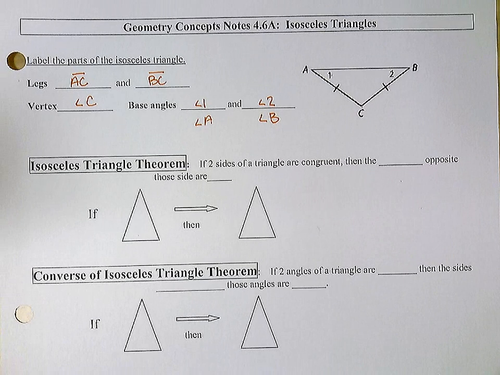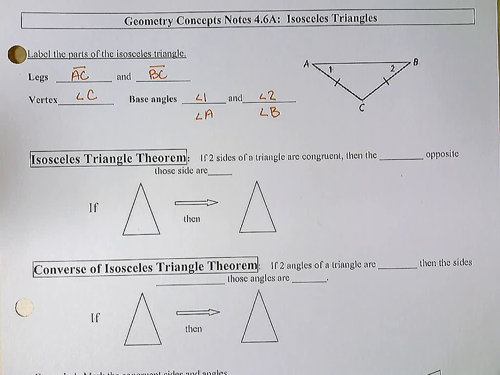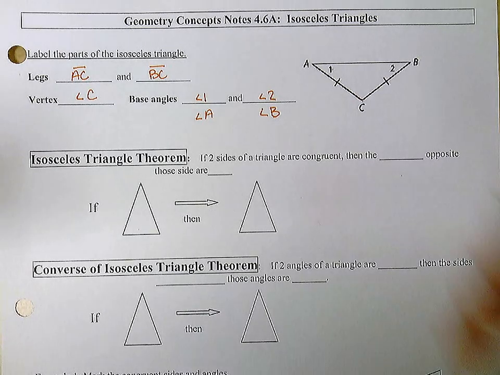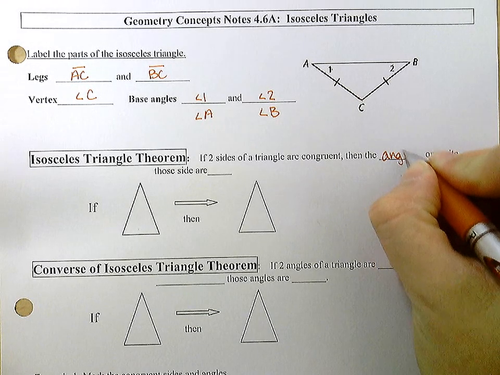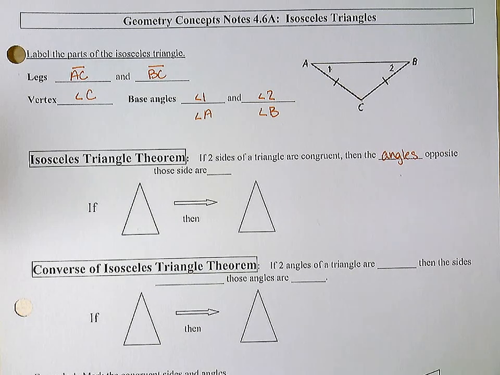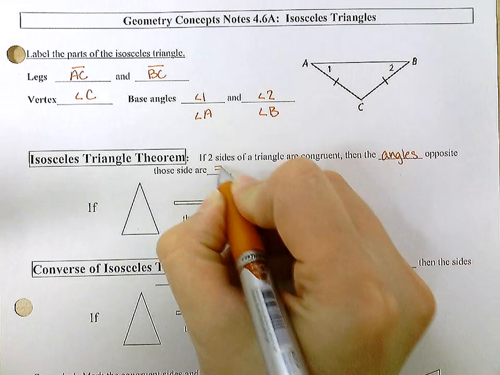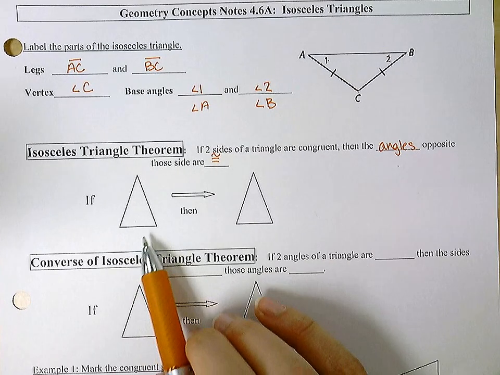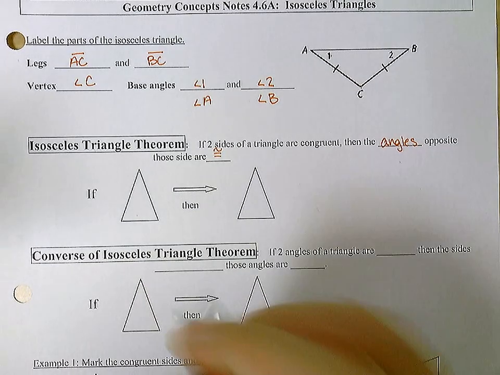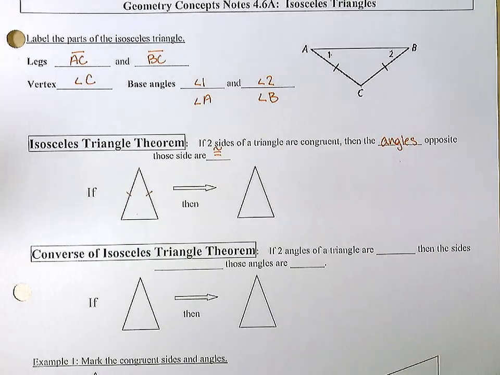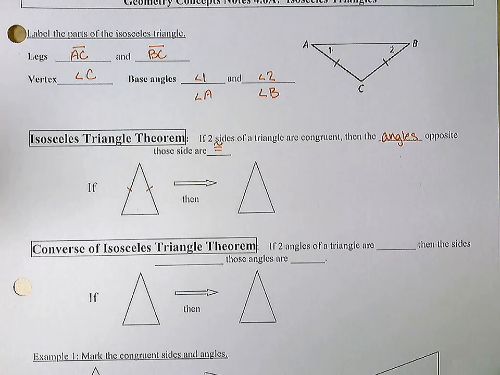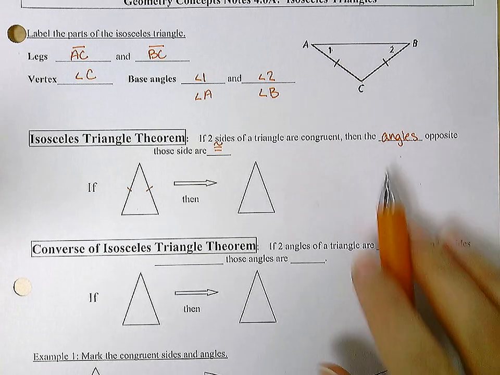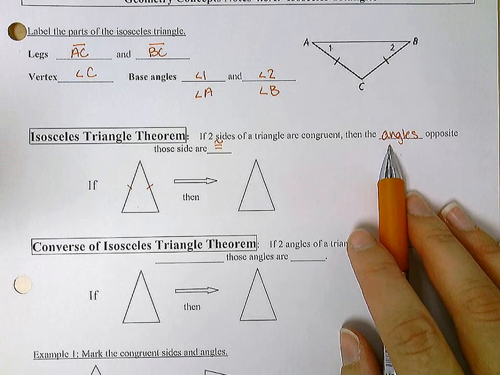So we do have an isosceles triangle theorem that states if two sides of a triangle are congruent, then the angles opposite those sides are also congruent. So here, if I have my two sides congruent to each other, then the angles opposite those.